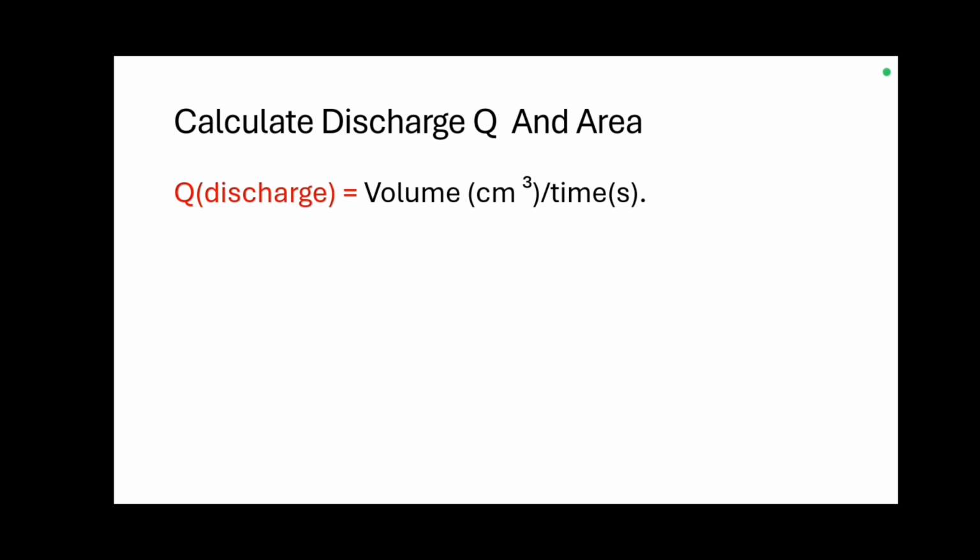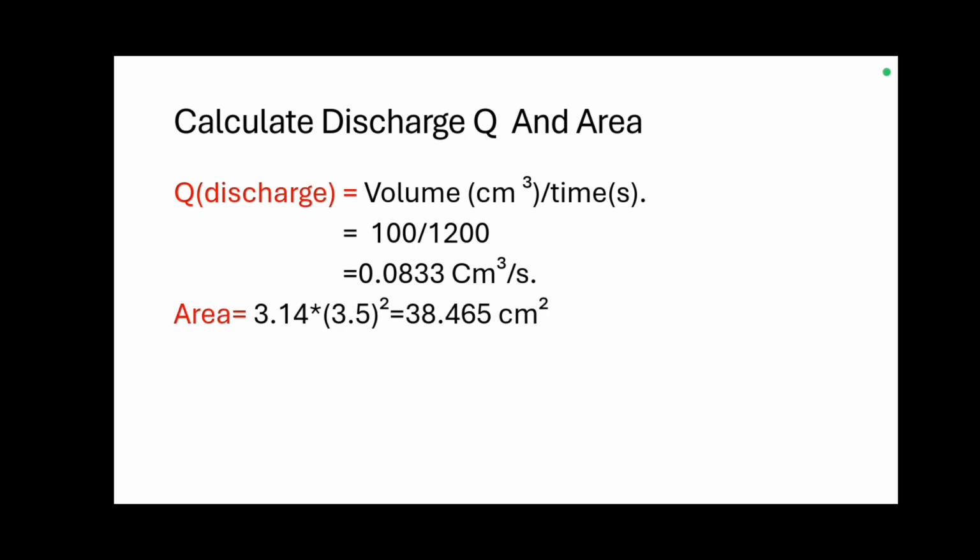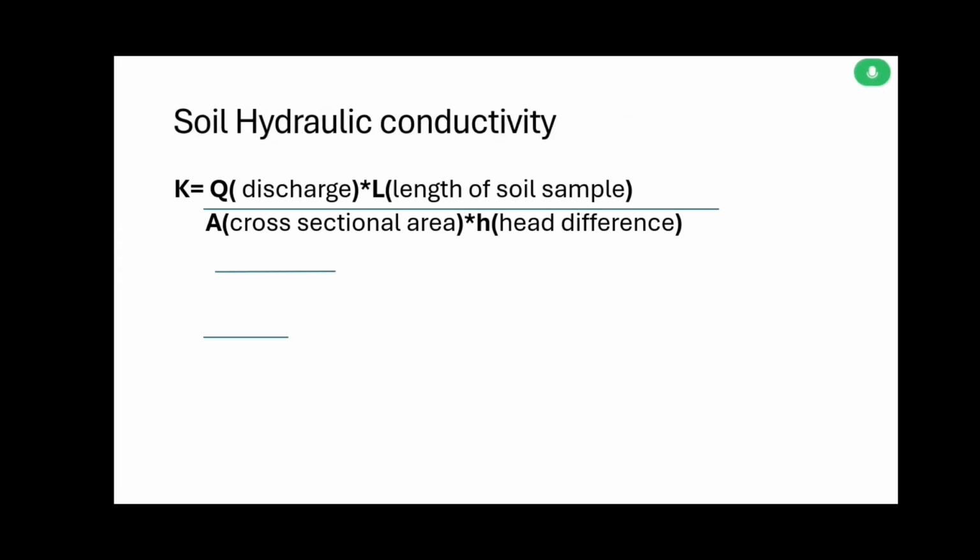Q discharge is equal to volume in cm³ divided by time in seconds, which is 100 divided by 1200, and Q is equal to 0.0833 cm³ per second. The cross sectional area is found using the πr² formula, and here it comes to 38.465 cm². Hydraulic conductivity is calculated using Darcy's formula.